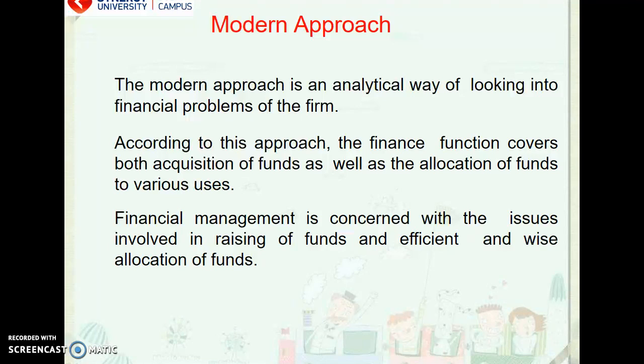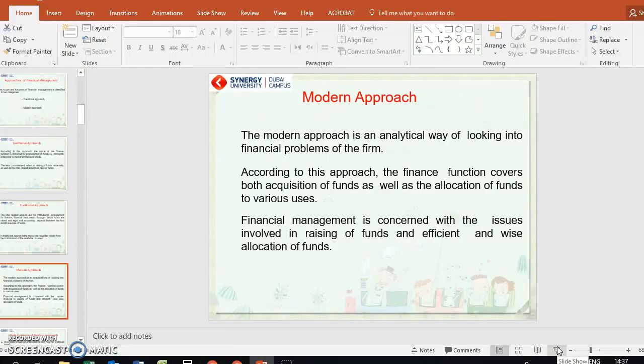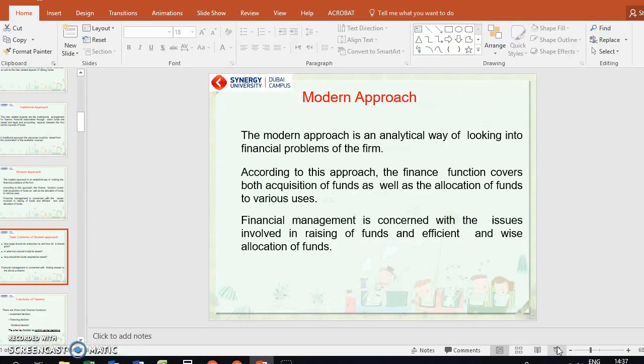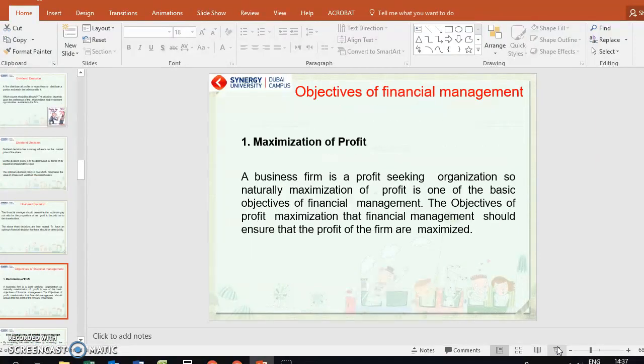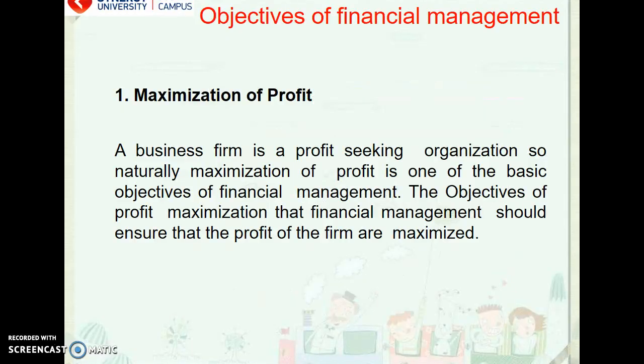We also need to be able to summarize the objectives of financial management, which I will just highlight quickly, starting with profit maximization. Businesses exist to make a profit, from which we will be able to make dividend decisions. When an organization makes a profit, then it can make investments.